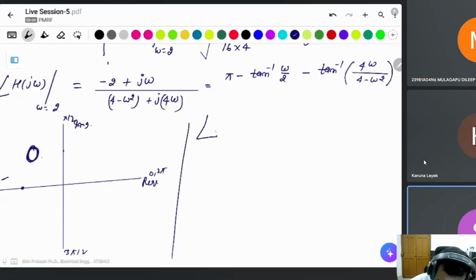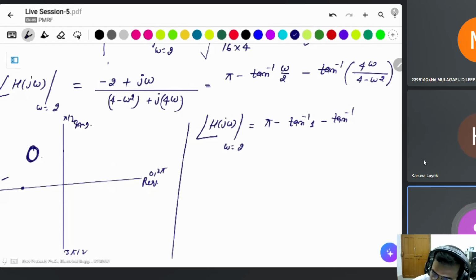Okay. The angle of this thing at omega equal to 2 is pi minus tan inverse 1, at omega equal to 2. Minus tan inverse of 8 omega over the denominator, which will be 0, since omega squared is 4, and 4 minus 4 is 0.